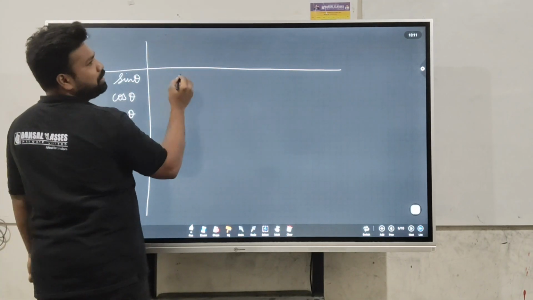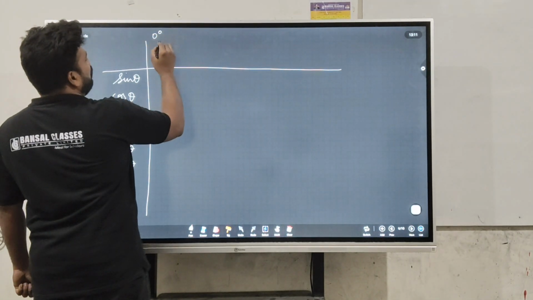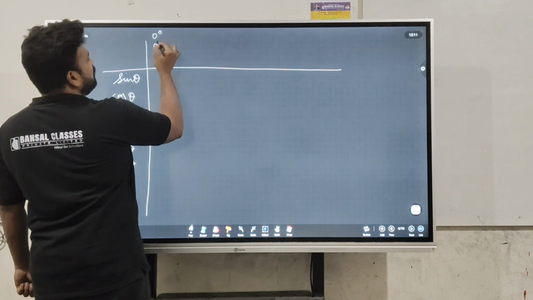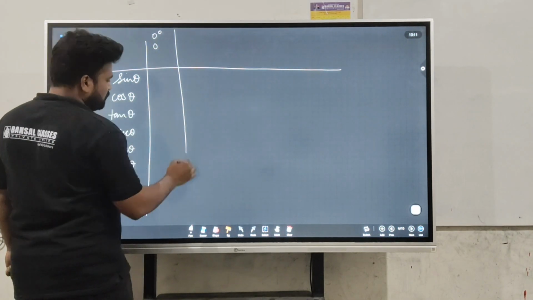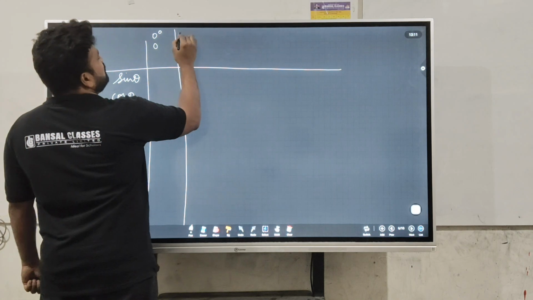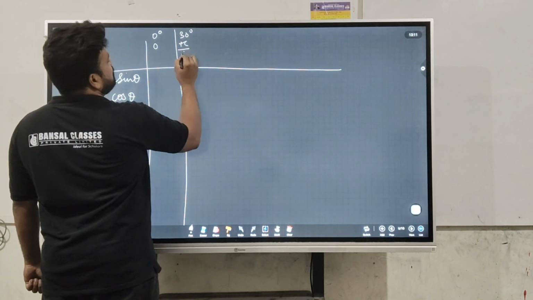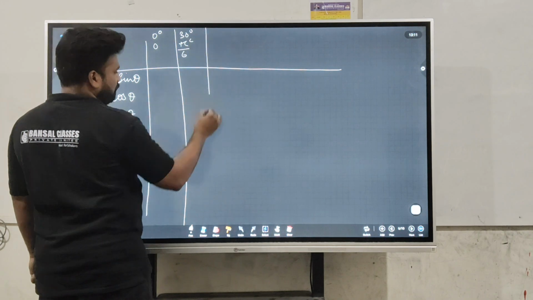Here we write the angle notations in degree and radian also. 0 degree is 0 radian, then 30 degree is known as pi by 6 radian.